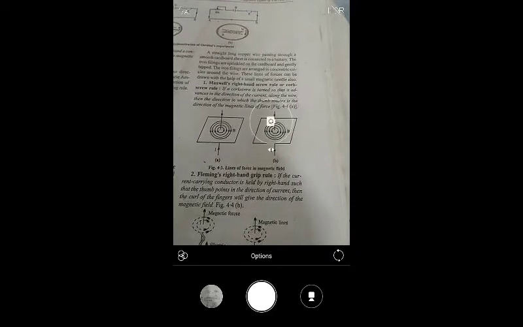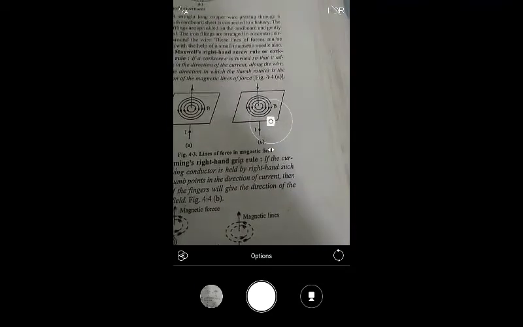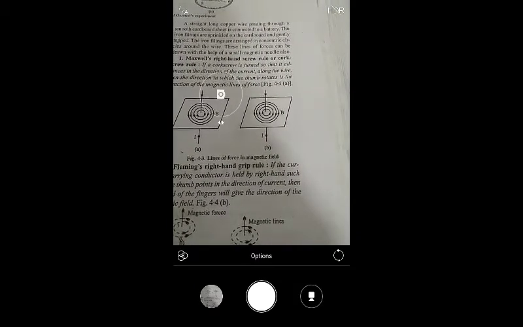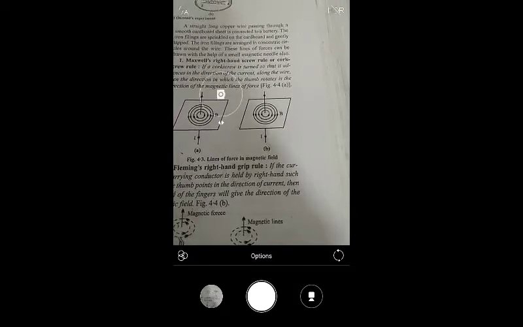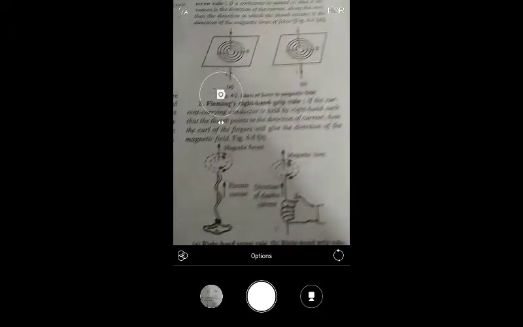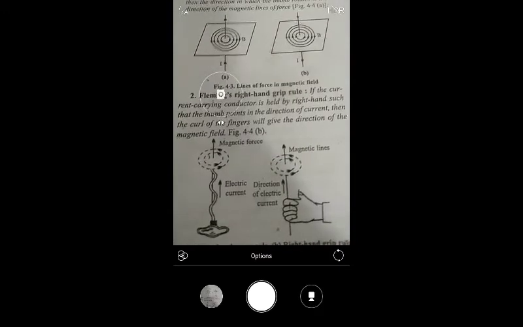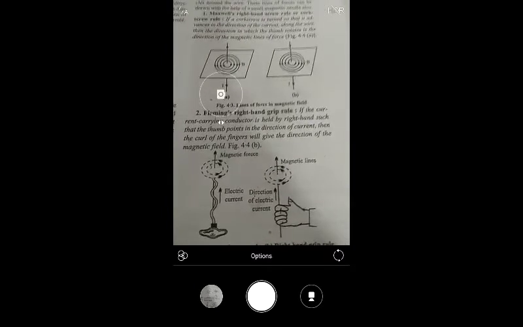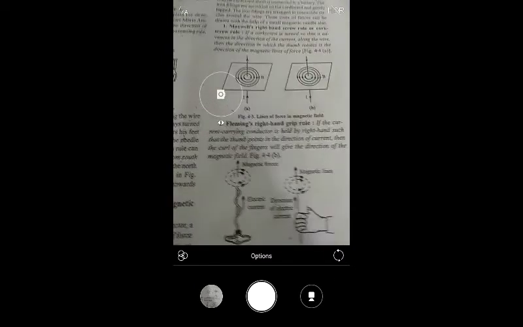And in the second diagram, whenever the current is going in the downward direction, the magnetic field direction is clockwise. Similarly, you can look at the Fleming rule and these screw rules here. I explained this, so you have to try it yourself, or you can ask me later. I'm going back to my chapter again.